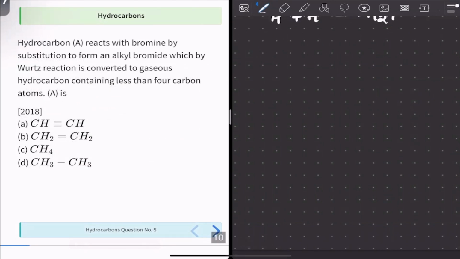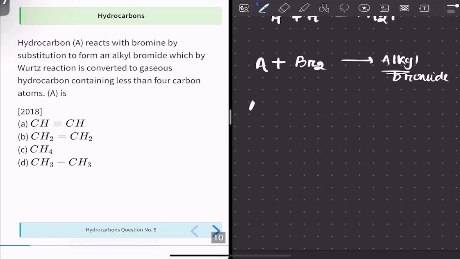Hydrocarbon A reacts with bromine by substitution to form an alkyl bromide, which by Wood's reaction is converted to a gaseous hydrocarbon.